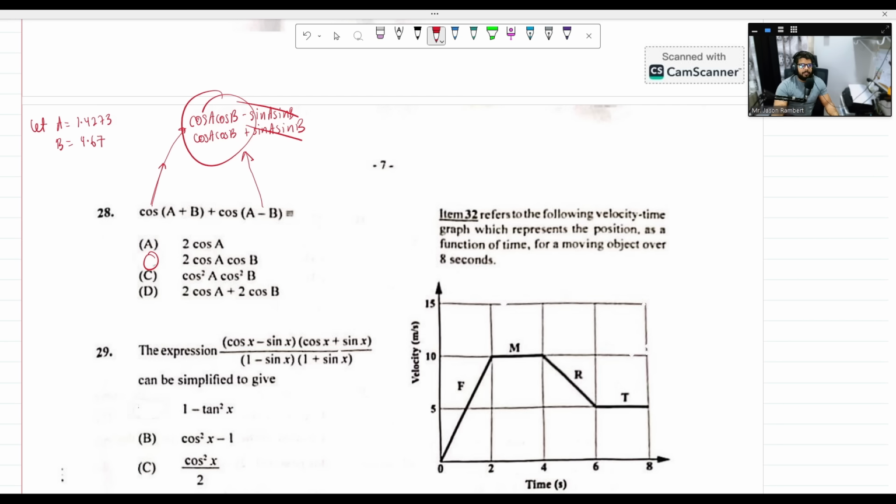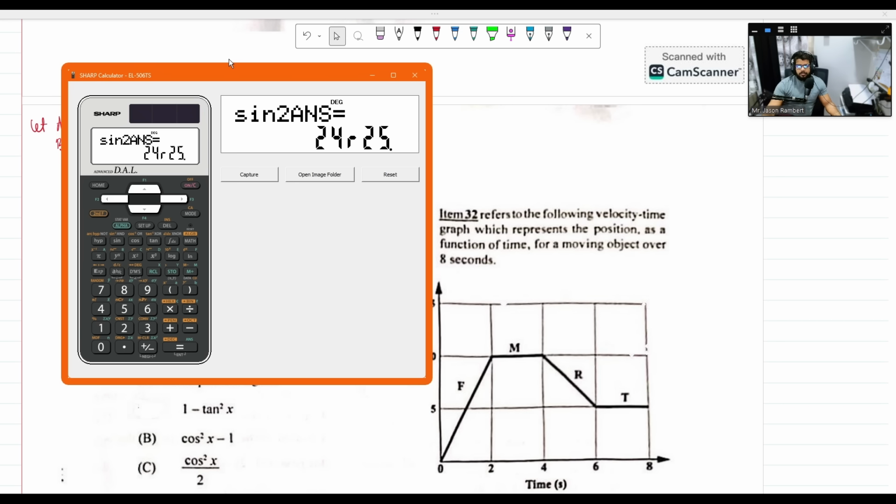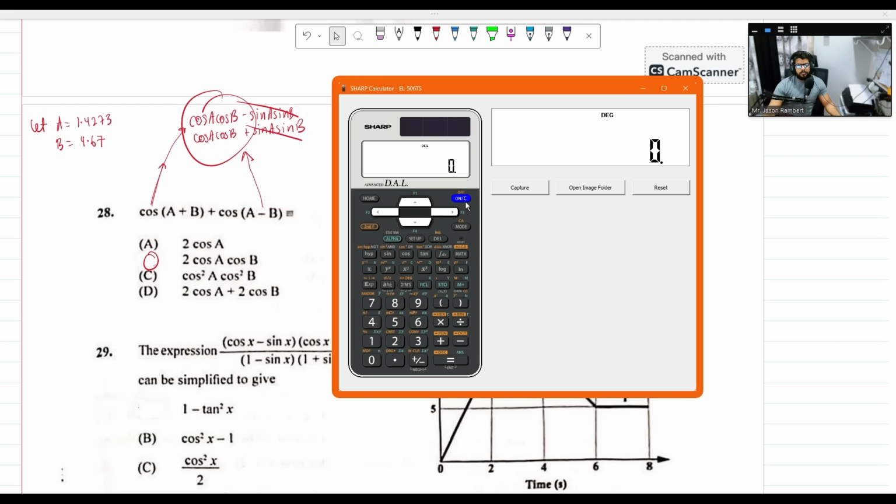Now I know some of you might want to do this. Alright, and on your calculators, go ahead and work out what cosine of a plus b is. To make life real nice, I'm going to store 1.4273 in a, and I'm going to store 4.67 in b.